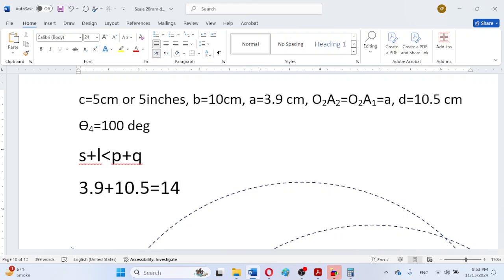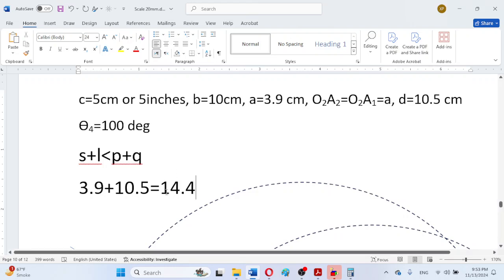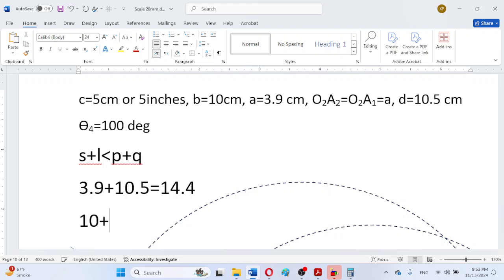So 14.4. And in a similar manner you can mention here that P plus Q is actually 10 plus the rocker length was 5, so that is equal to 15.